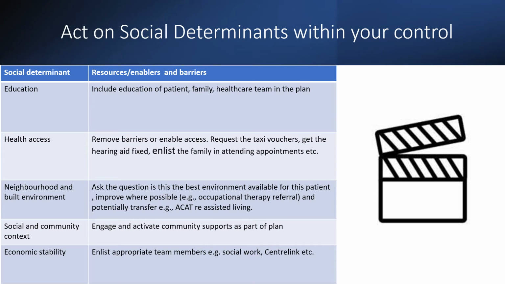If deafness is a barrier, get the hearing aid fixed. Referring to the occupational therapist might improve the physical environment, or to the social worker might improve economic stability. Or perhaps we need to change the environment completely for the patient to be at home or in hospital or in a nursing home. Engaging and mobilising community support can be a powerful way of improving care.